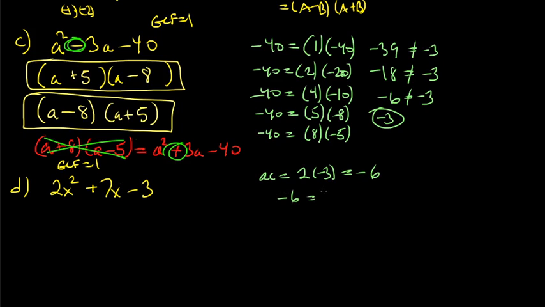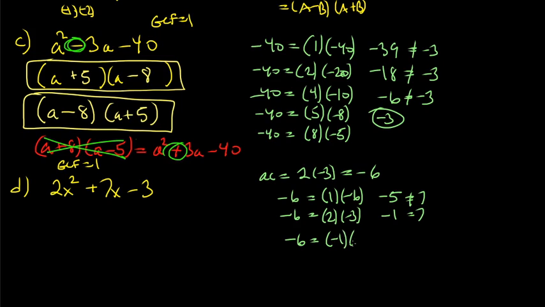So let's see, negative 6 is 1 times negative 6, or 2 times negative 3. So 1 minus 6 is negative 5, and 2 minus 3 is negative 1. So those are not 7. And of course, we want a positive 7, so maybe let's make the bigger number positive.